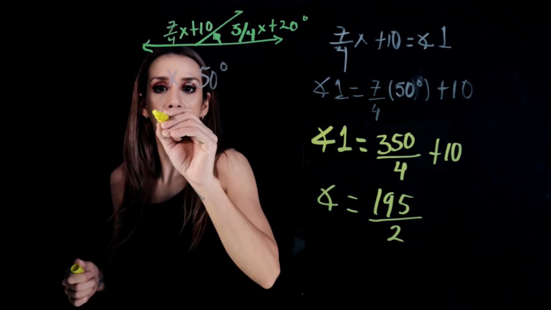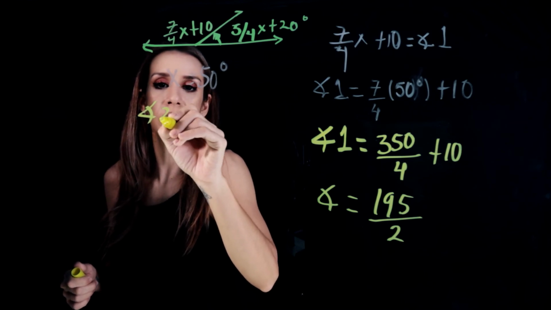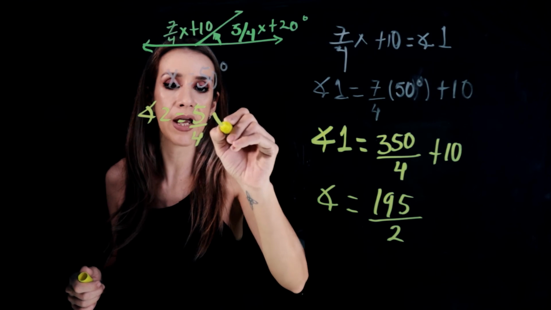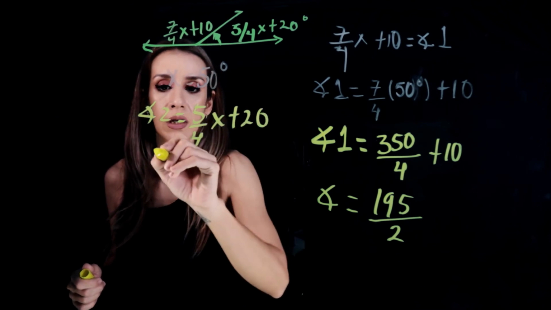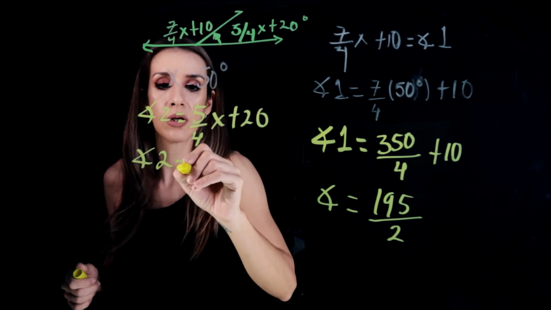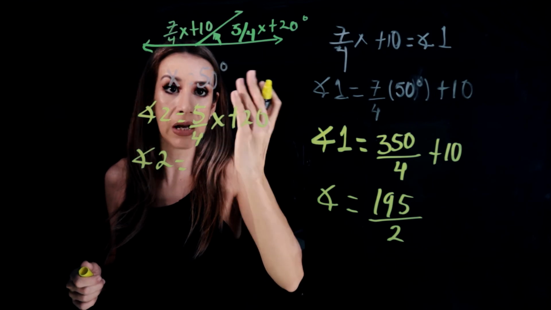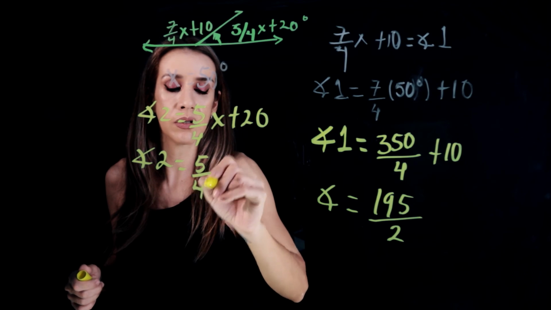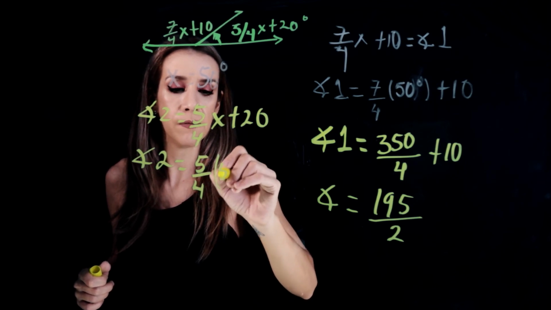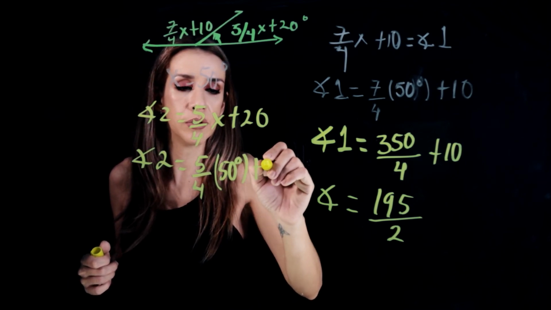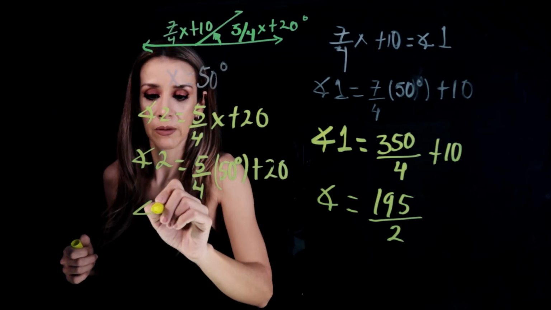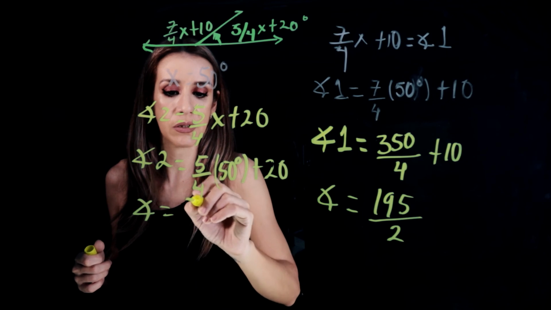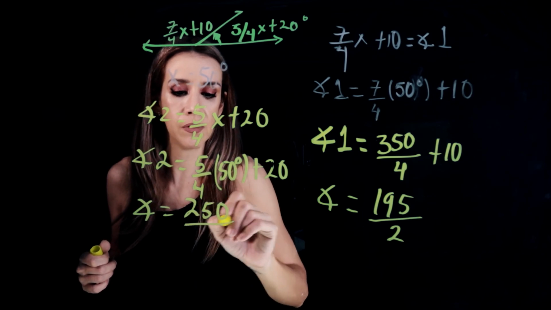The second angle, the angle number 2, is equal to 5/4 of x plus 20. I'm going to use the 50, that's the value of the x. 5/4 times 50 degrees plus 20. The angle number 2 is equal to 5 times 50, that's 250 fourths.